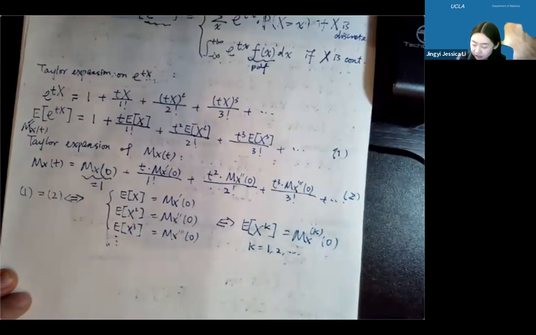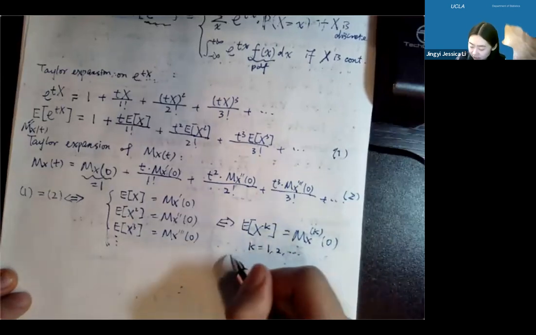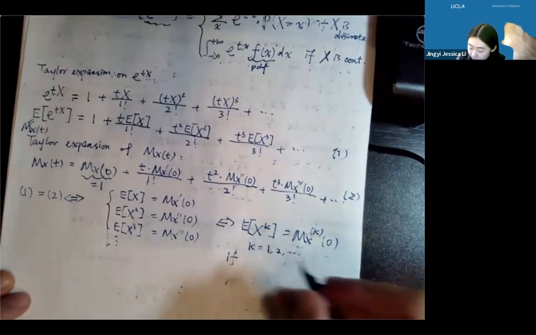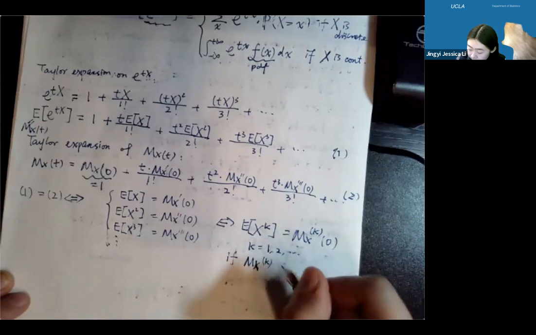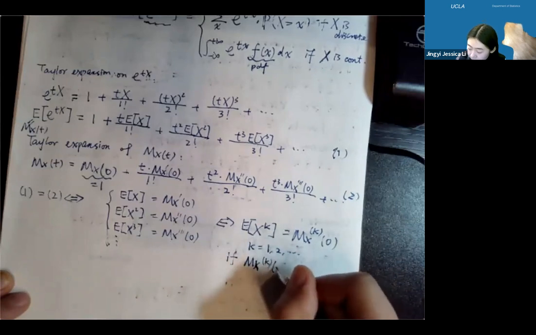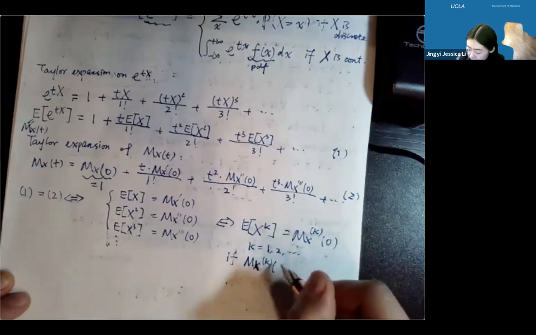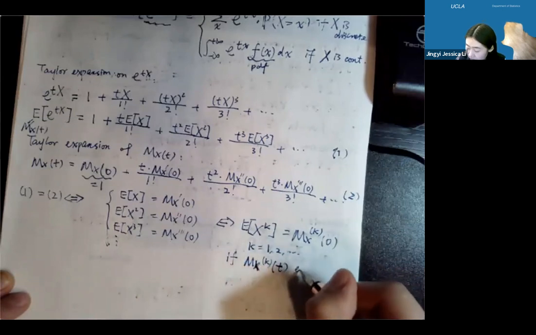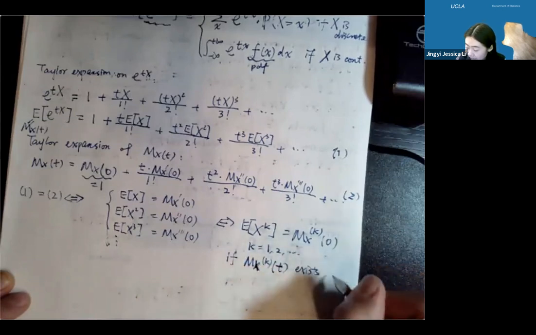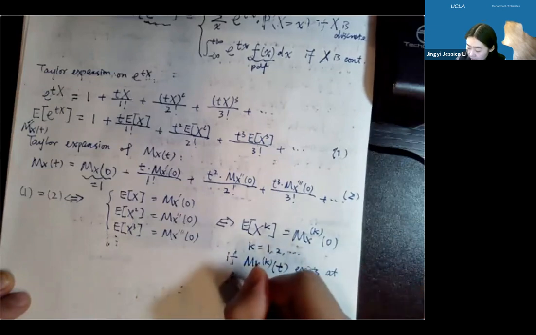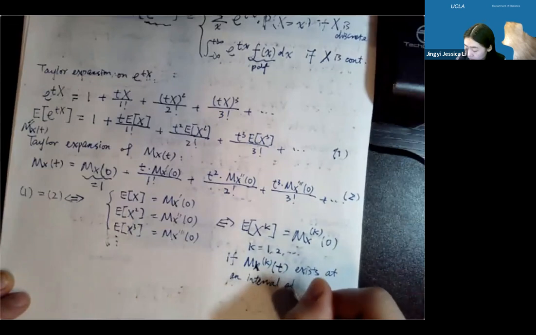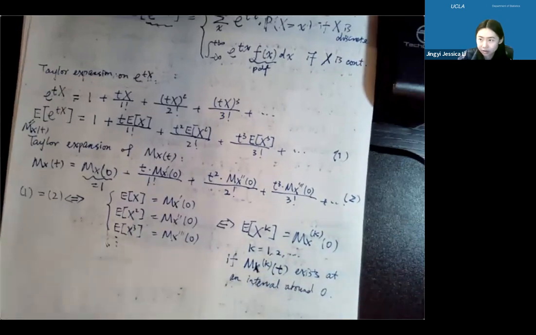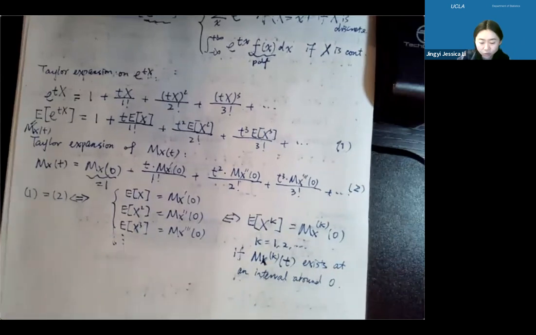But the condition is that this function M_X(t) exists in an interval around 0. So this is about the mathematics regarding the Taylor expansion, when it holds.